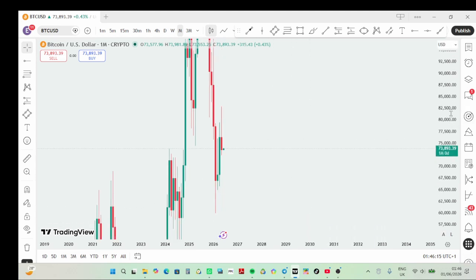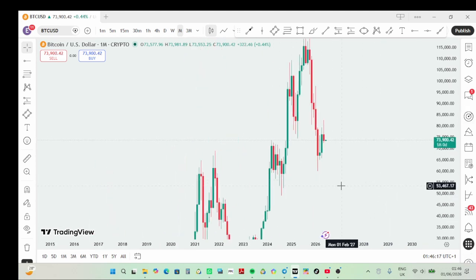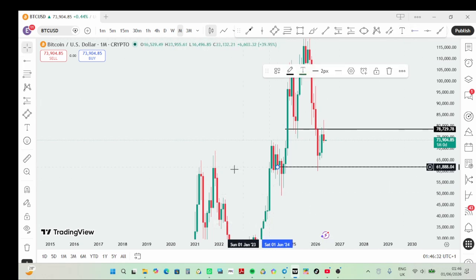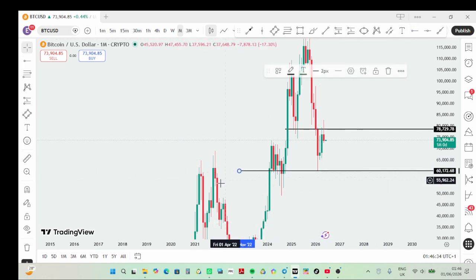If it's still aligned, cooperating with our previous analysis. Now, BTC, I'm expecting BTC to move at least to this level before it starts selling down to this point.